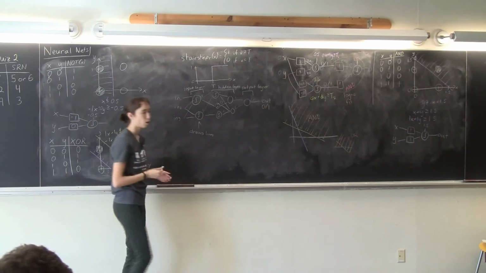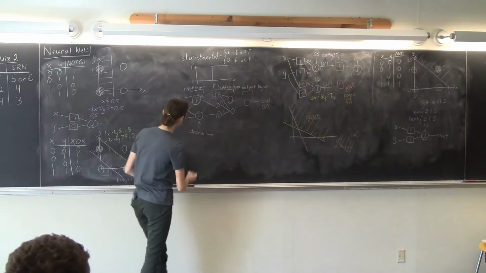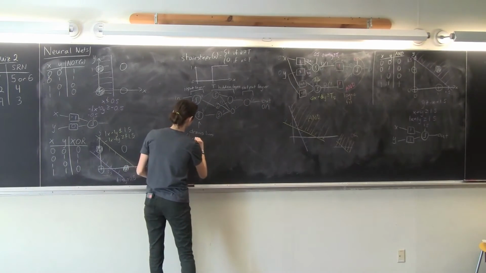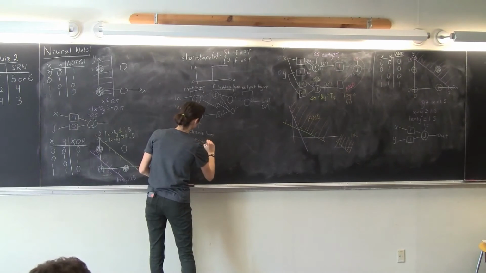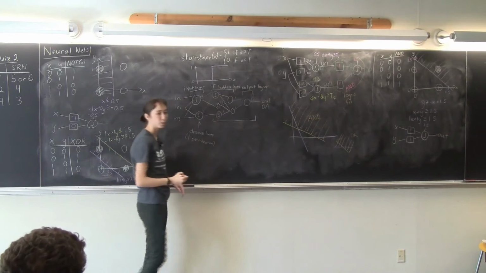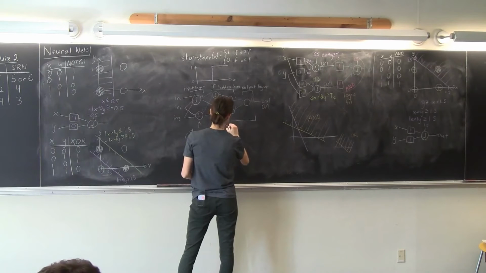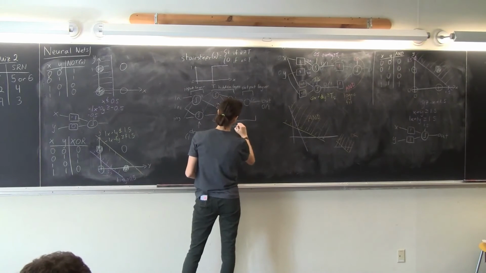And specifically, it's going to draw one line for each neuron. So here we had 2 neurons, so we drew 2 lines. So 1 line per neuron. And then all of these remaining layers are going to compute some sort of logic function. Specifically, they're going to combine line shadings using a logic function.